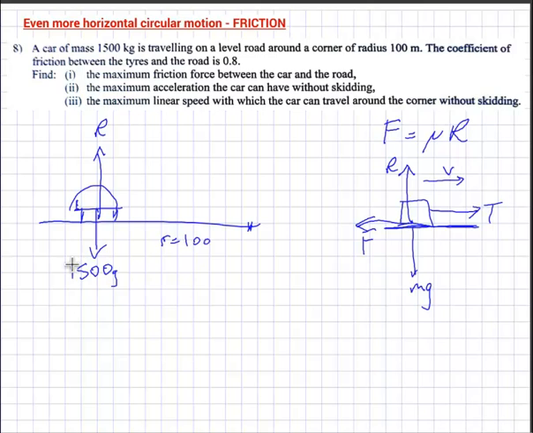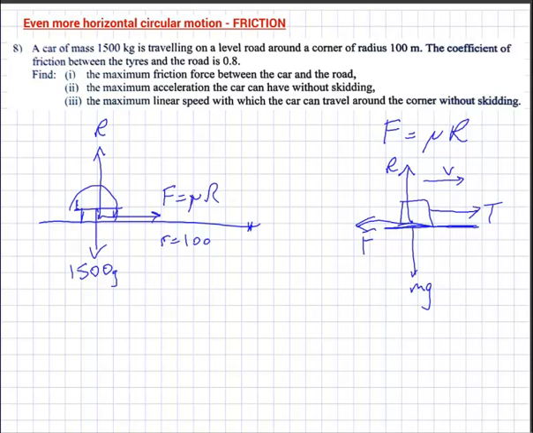And there is a friction that is going against where it wants to go, or the friction is the thing that's going to effectively pull it in. So the friction is acting towards the center; the friction is creating the centripetal force. And that is equal to mu R.